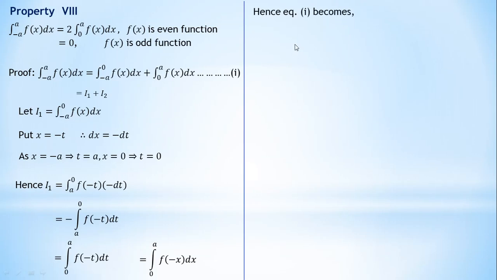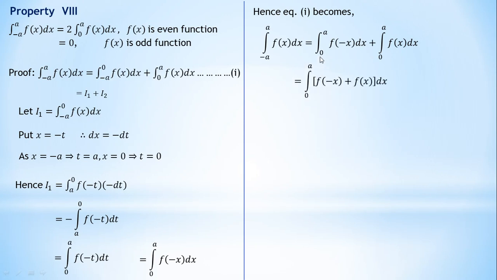So hence equation number 1 becomes, now see here, the integration minus a to a f of x dx is equal to I1 changes as integration 0 to a f of minus x dx plus I2 as it is, 0 to a f of x dx. So equation number 1 becomes like this, I1 plus I2.